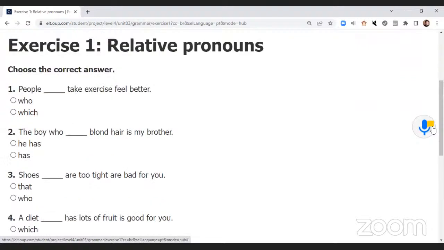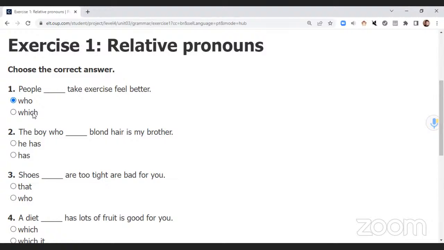Well, what about this number one? What do you think? Which do you think is the correct answer? Read the sentence, please. People who take exercise feel better.